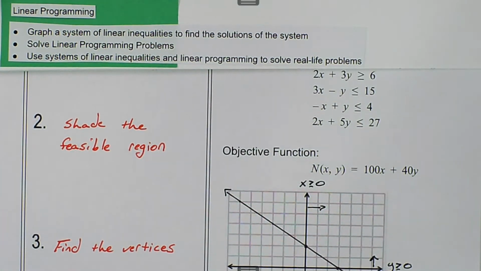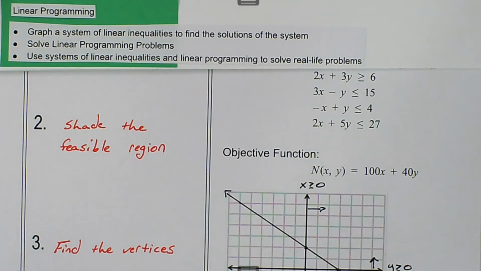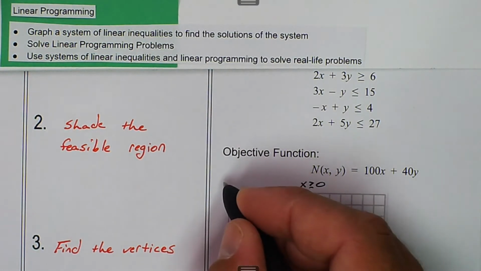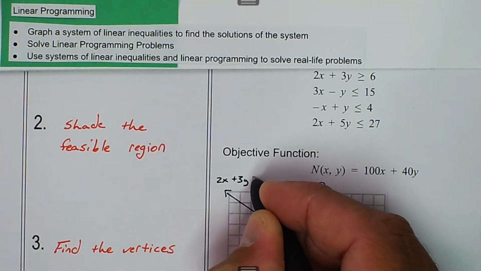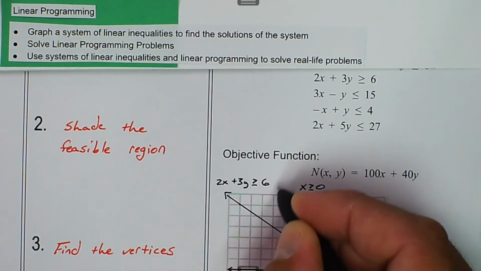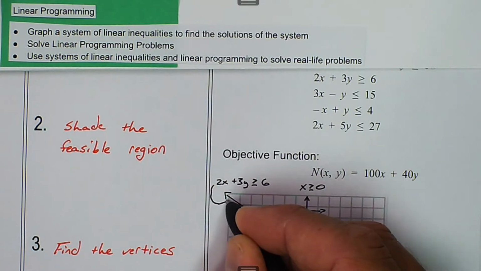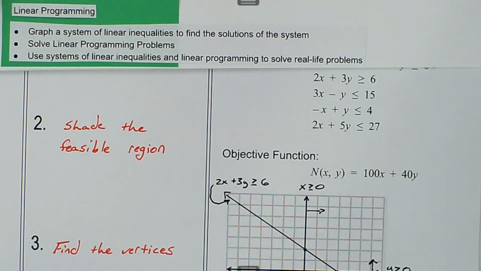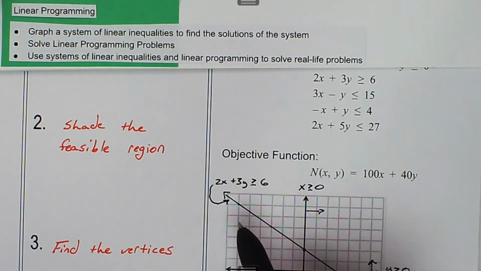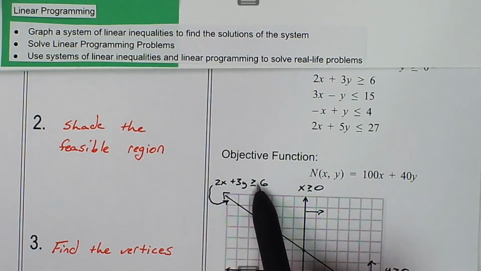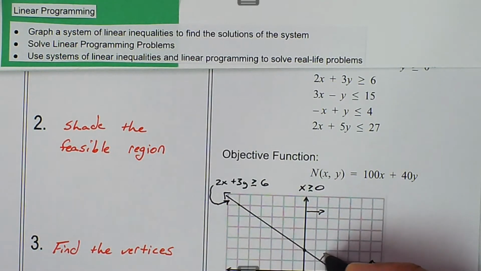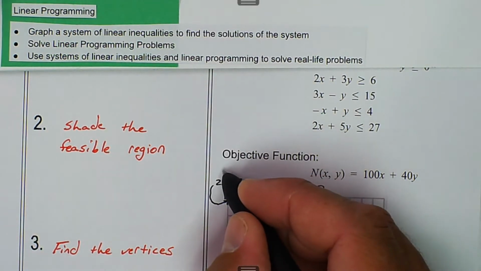And that was the equation 2x plus 3y is greater than or equal to 6. And if we substitute 0, 0 in, these both go to 0. Is 0 greater than or equal to 6? No, it's not. So we can shade that way.